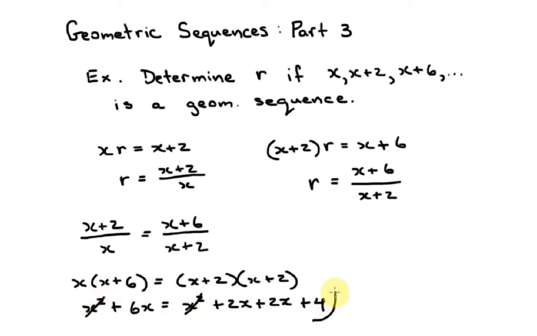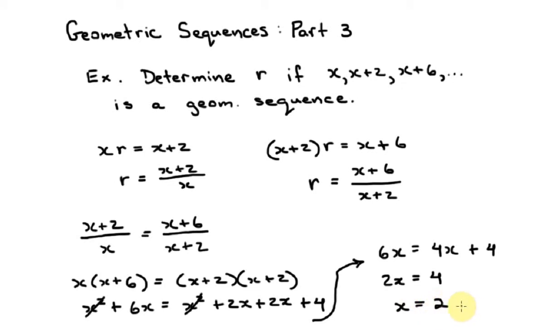So we've got 6x equals 4x plus 4. I'm going to take 4x away from both sides, so that's 2x equals 4. And lastly, I'm going to divide by 2. So there it is: x is 2.